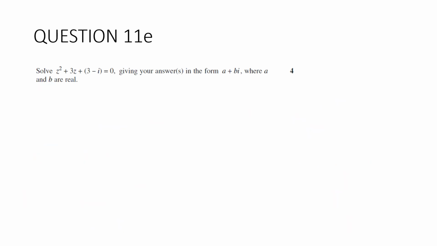11e. Solve z squared plus 3z plus 3 minus i equals 0, giving your answers in the form a plus bi, a and b are real. So we're just going to use our quadratic formula.